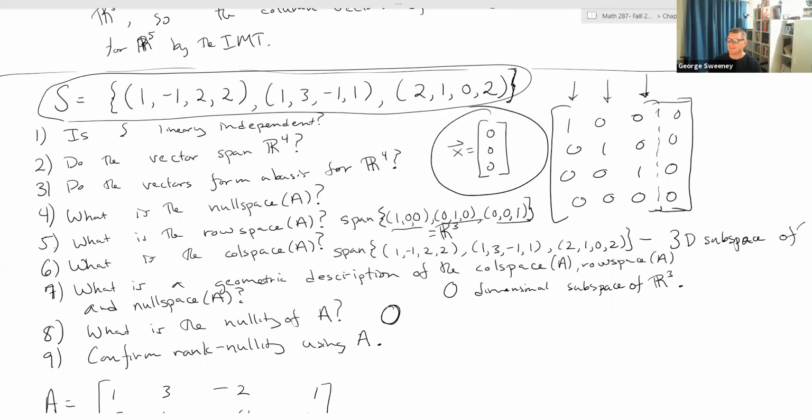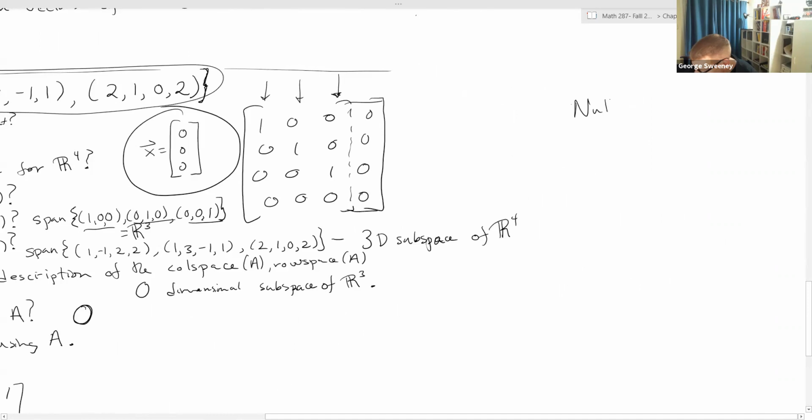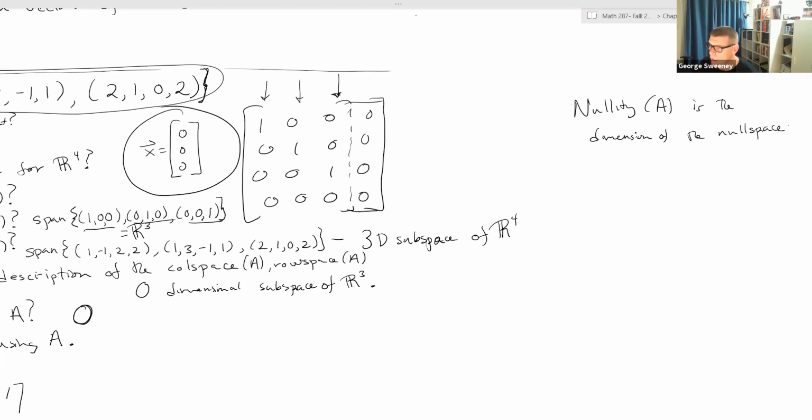It's by definition. The nullity of A is the dimension of the null space. So if the dimension of the null space is 0, that means that the only thing in the null space is the 0 vector. This is actually really important. The nullity of A is the dimension of the null space. And remember what I said, there's only one way to get a 0-dimensional space: to have the 0 vector in it only.